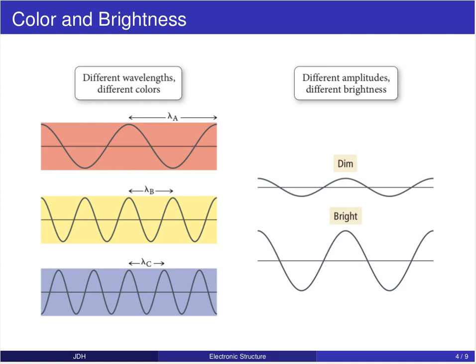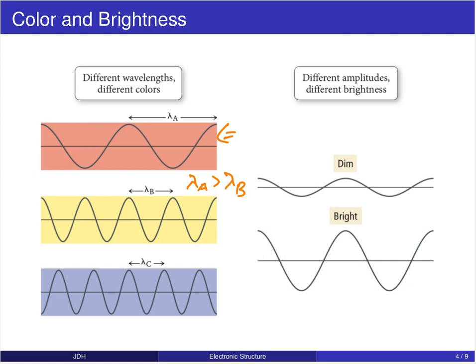If you have a relatively long wavelength, denoted here by lambda A, and you compare that to a shorter wavelength, say lambda B, well, if you've got red light, visible light in the red portion of the rainbow, that wavelength is going to be longer than the wavelength associated with, say, yellow light. So lambda A is going to be greater than lambda B.